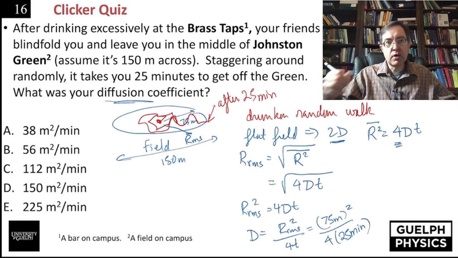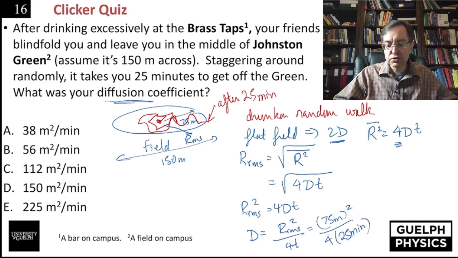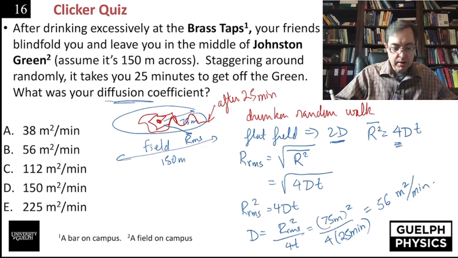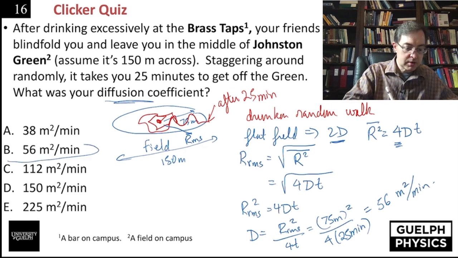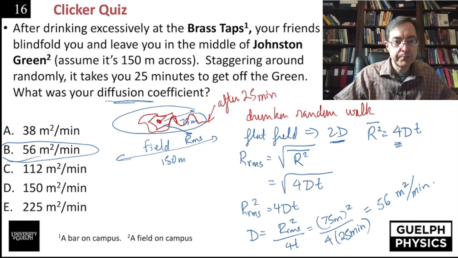So my diffusion constant will end up being in units of meters squared per minute. And I can calculate this out, and this works out to 56 meters squared per minute, which is answer B.